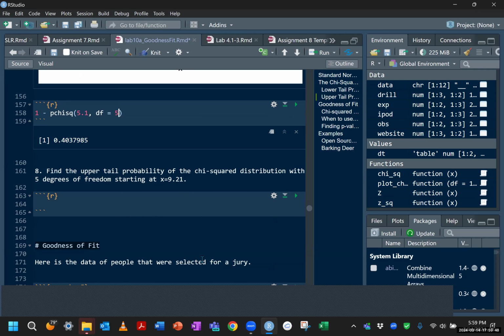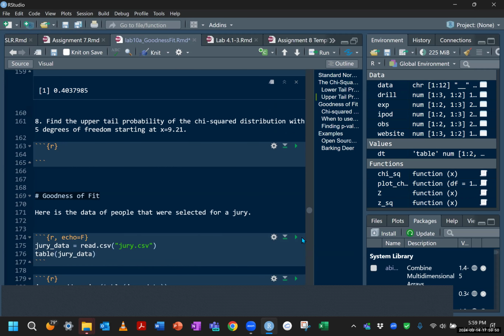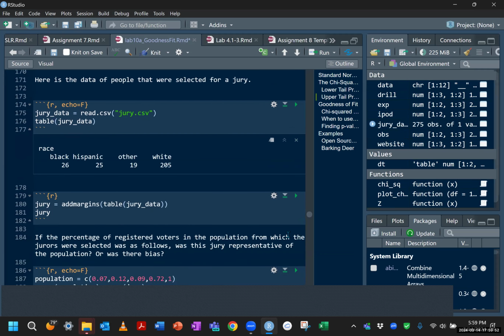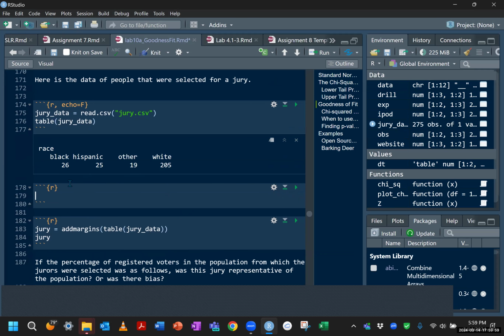So here's how we're going to actually look at the data. Here's a data set that I got of people that were selected for a jury. How many total were there? I'm kind of curious. I can say sum of jury, my table. Let's look at that.